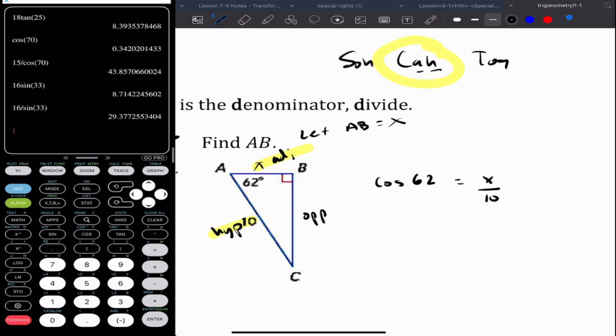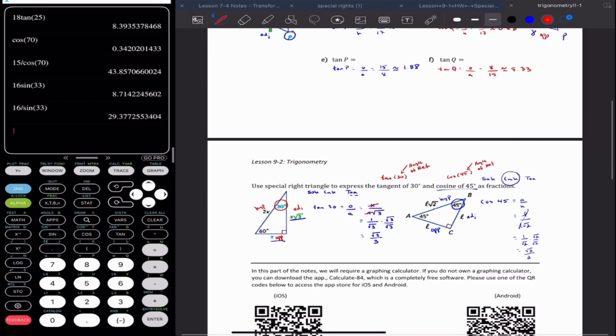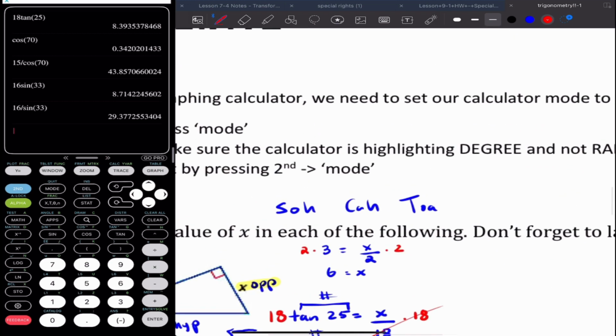And since I don't have a variable in the denominator, I cannot swap the position of the trig function and the number in the denominator. So I gotta go ahead and multiply both sides by 10. Just like that example we did before. This one right here.